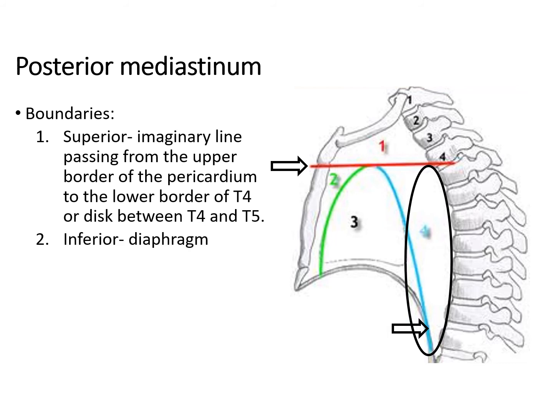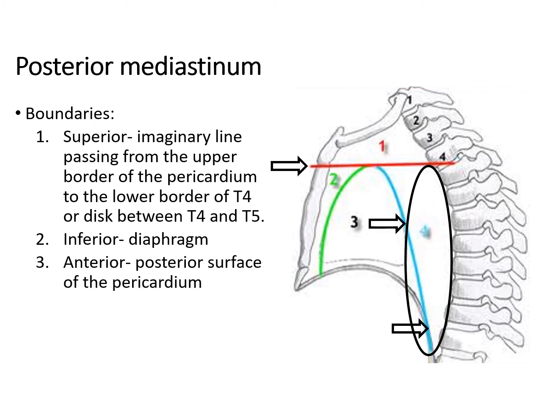They also have the same inferior border, which is your diaphragm. So it's easy to memorize. The superior and inferior boundaries of the anterior inferior and posterior inferior mediastinum are the same. Superior, imaginary line; inferior, diaphragm.